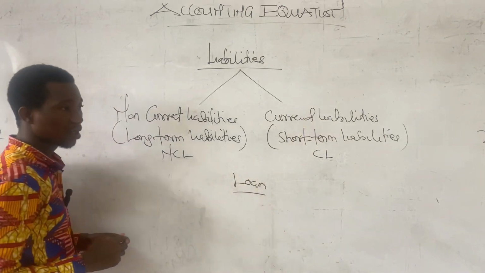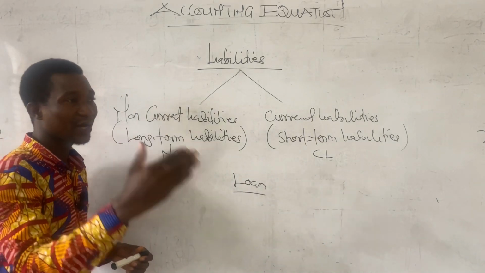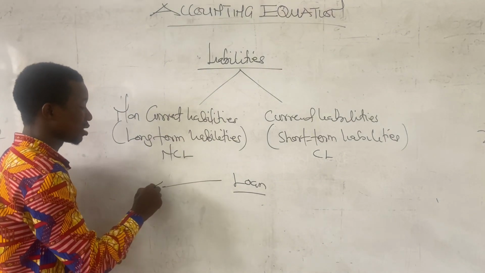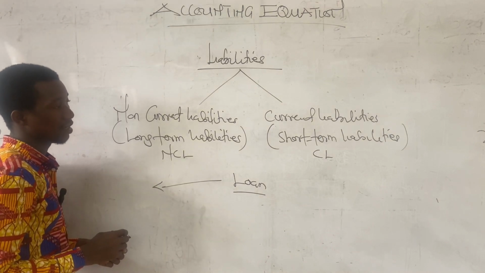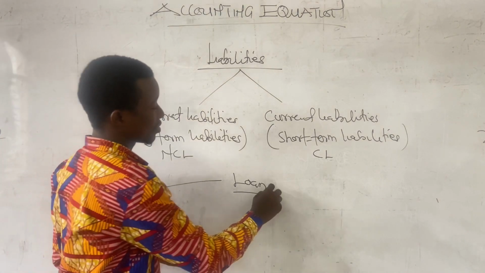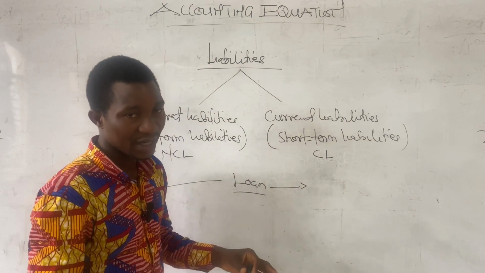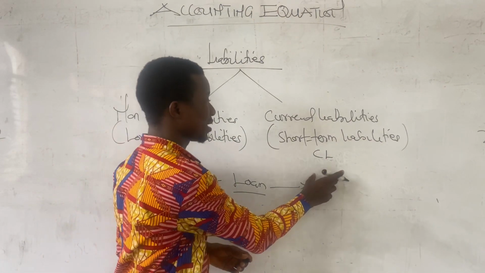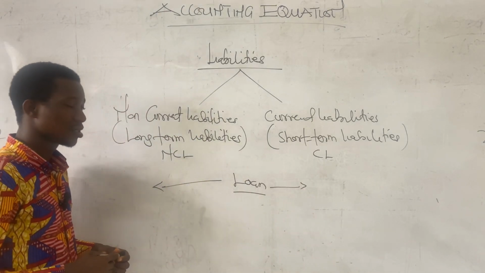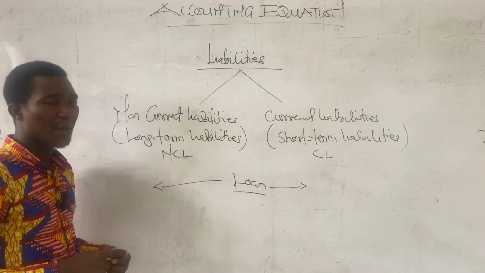So if the loan is supposed to be paid over more than one accounting period, it is a non-current liability. But if there is an agreement for the loan to be paid within the accounting period, or within one financial year, we consider it as a current liability. So it depends on the time period.